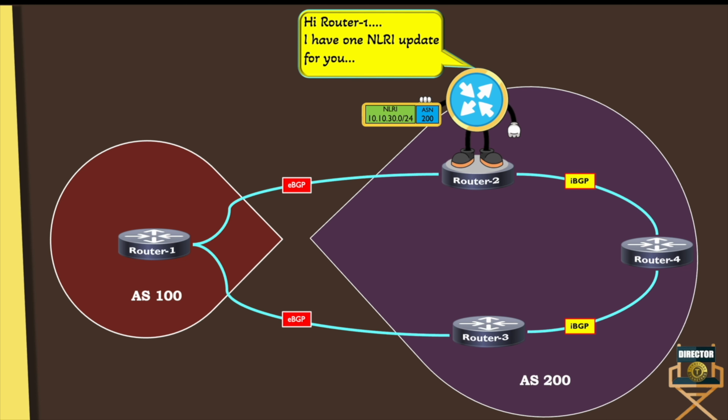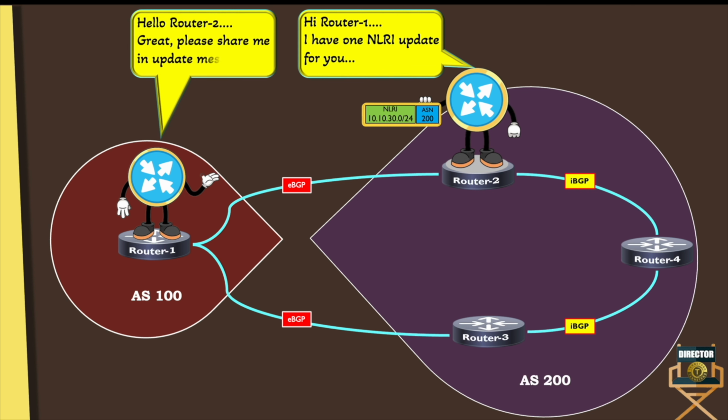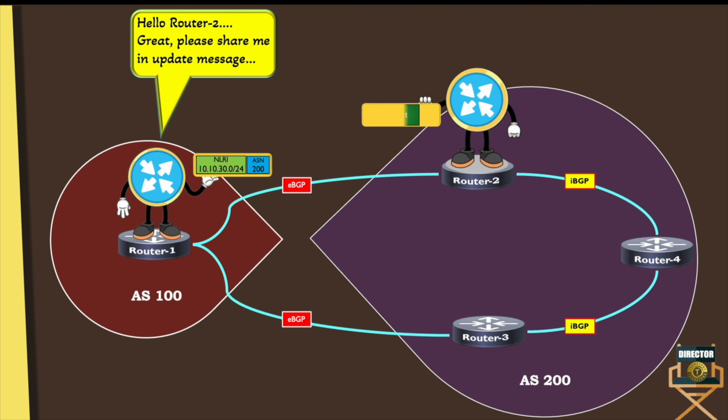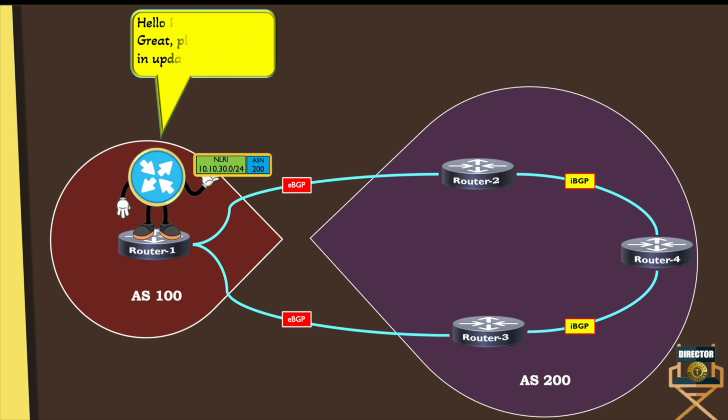Hi Router 1. I have one NLRI update for you. Hello Router 2. Great, please share me an update message. Let me add my ASN.